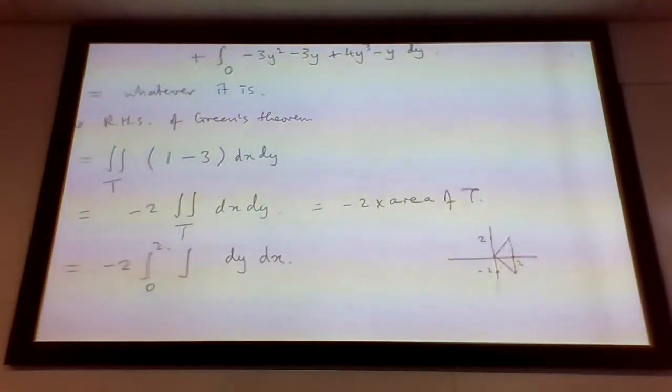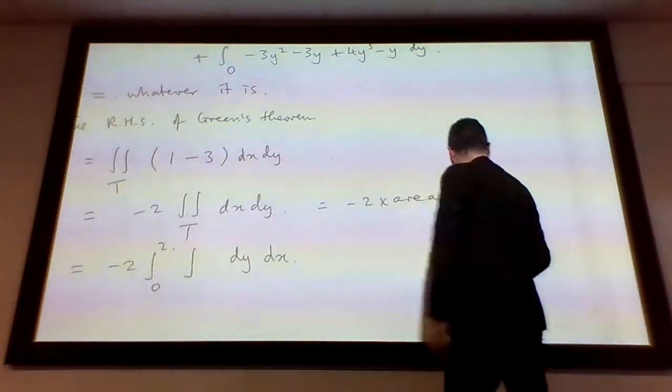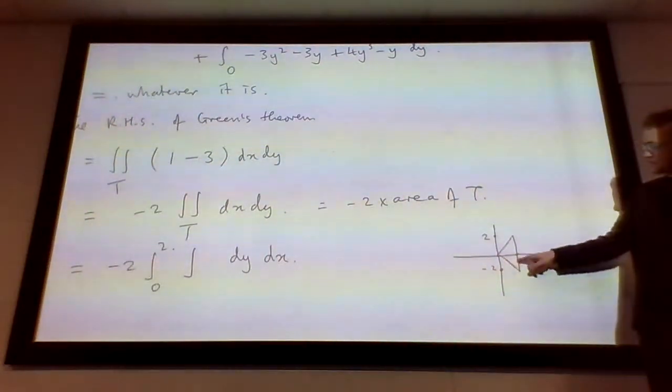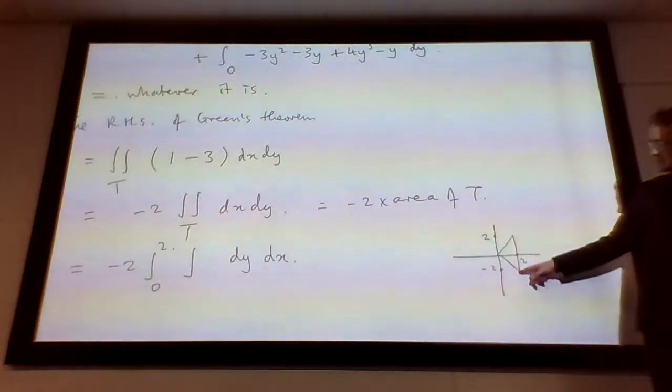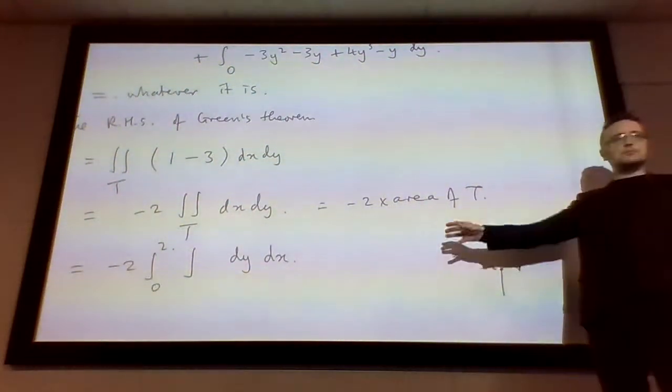If I'd done the x integral in the middle, I'd have had to integrate on the outside y from minus 2 to 2, but then the horizontal strips would sometimes be beginning on this line and sometimes be beginning on that line. So you'd have to split the double integral up into 2.